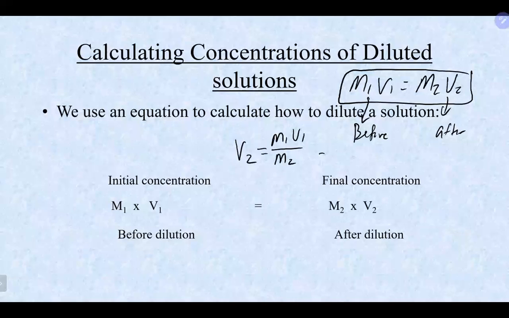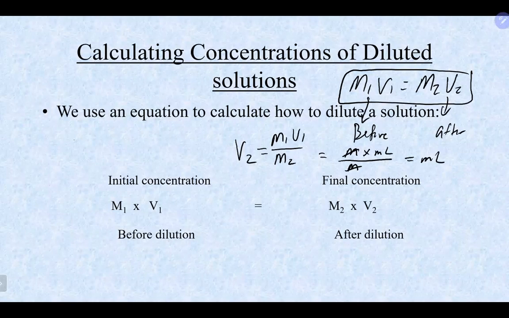And if we put our units in, that would be molarity times milliliters divided by molarity. The molarities would cancel, and you would end up with milliliters. And even if you solve for M2, which would be M1 V1 over V2, that would be molarity times milliliters divided by milliliters. The milliliters would cancel and you'll end up back with molarity at the end.